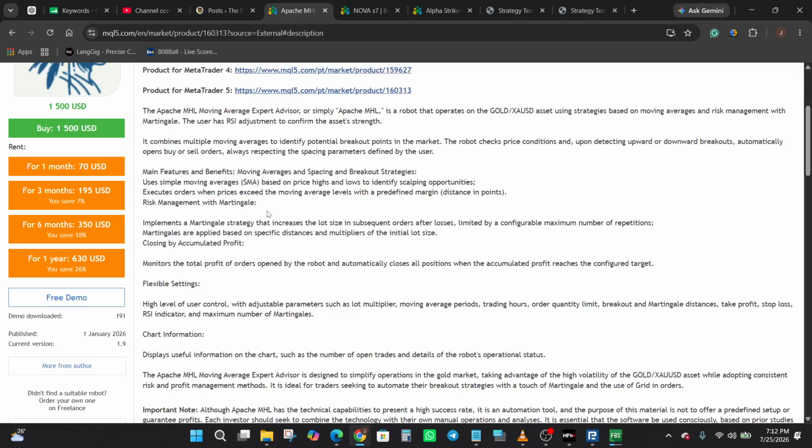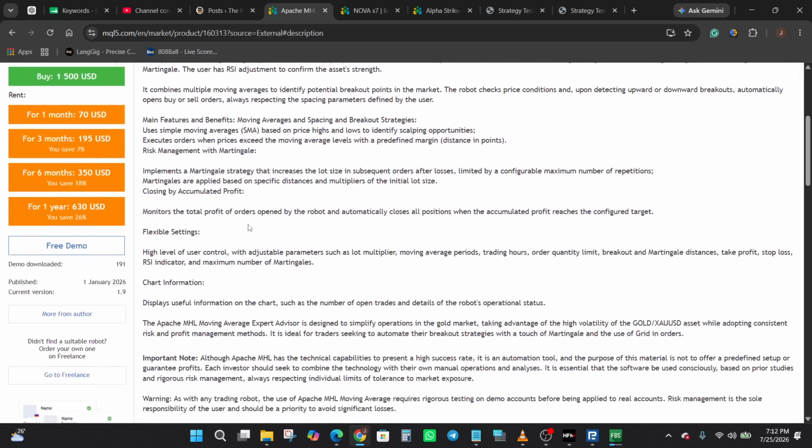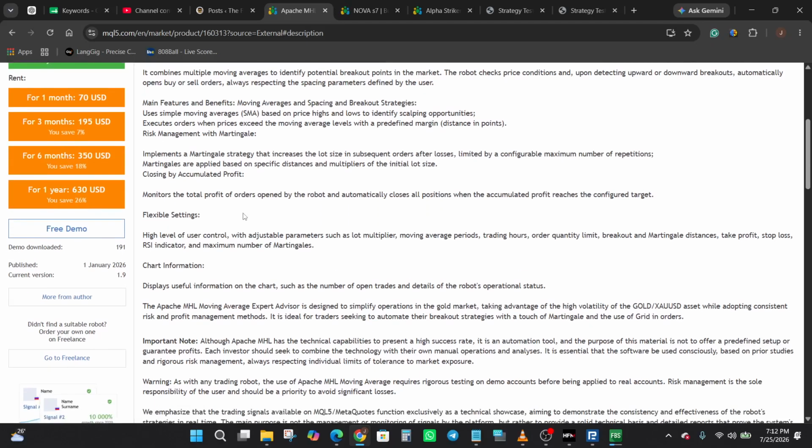It also monitors the combined profit of all its open positions and automatically closes everything when the accumulated profit reaches the configured target.